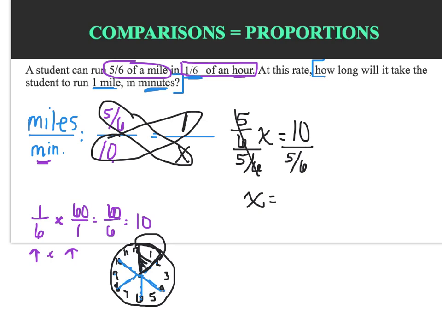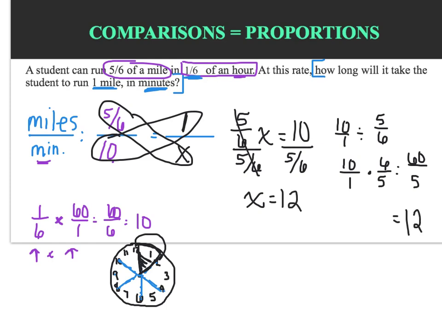So I'm going to come over to the side, 10. Keep, change, flip. Multiply straight across, we get 60 over 5, which gives me 12.